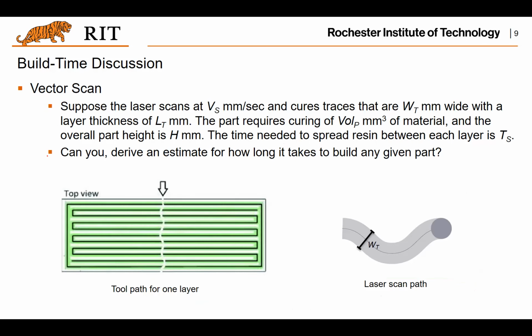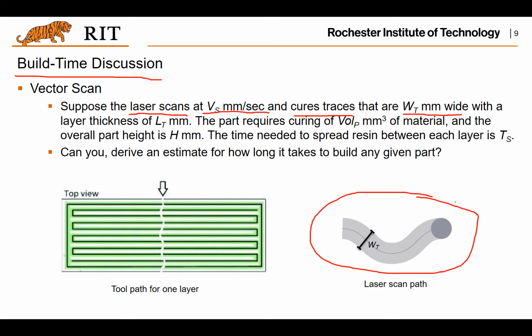And let's talk about the build time for such a process. No matter the Formlabs ones or the 3D Systems ones, there is still laser scanning. So let's suppose the laser scans at VS millimeter per second, and the cure traces are WT millimeter wide. So if you look at what the laser scans from the top view, that's how it looks.